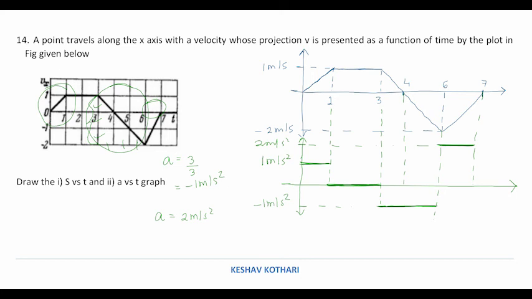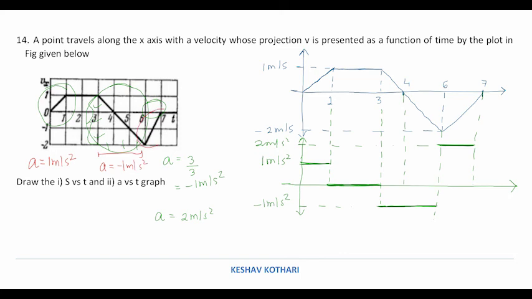Now we are going to discuss the displacement time graph. So I am removing the acceleration time graph. We have already noted the certain accelerations which were needed for us to do the calculation. That is, in this portion, I am writing acceleration as plus 1 meter per second square. Then acceleration is 0. And in this portion, acceleration is minus 1 meter per second square.